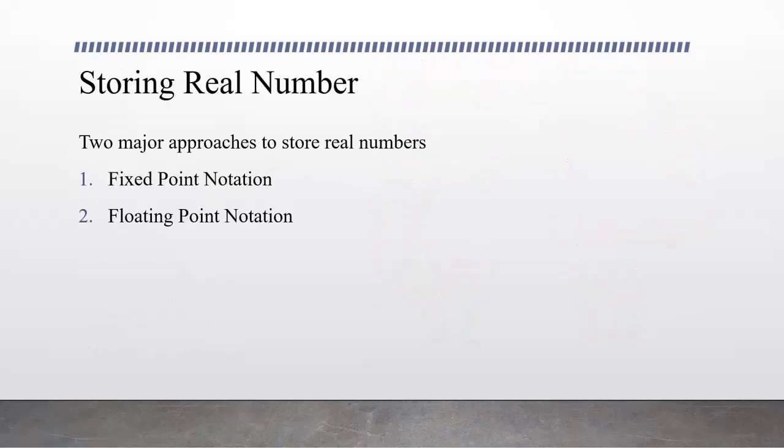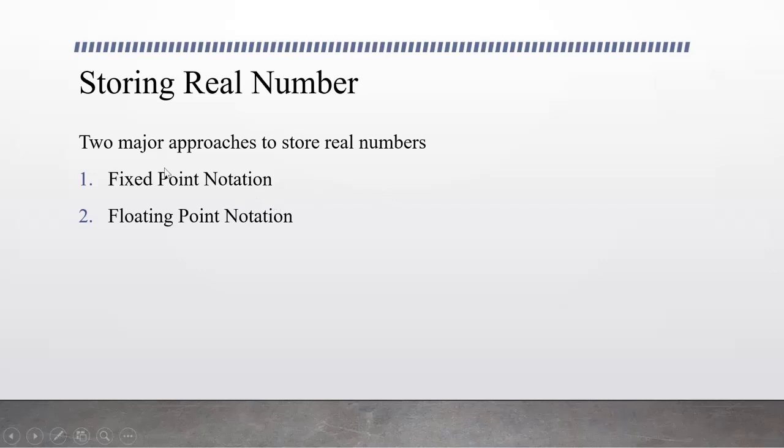We have seen different representations for digitally dealing with numbers. And to store the real numbers, there are two approaches. By giving the binary point, the point that divides the integer part and the fractional part, a fixed position, or by employing a floating point notation.